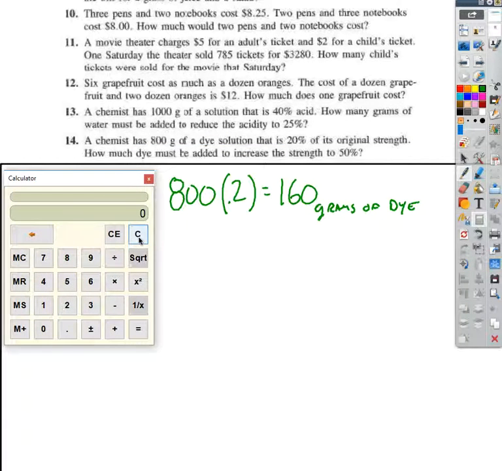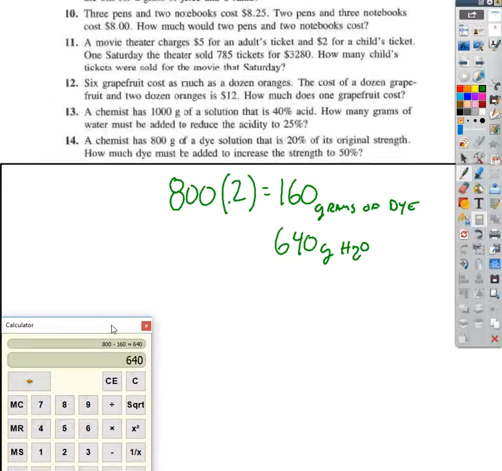So then we have 800 minus my 160 grams of dye, and so that solution is 640 grams of H2O and 160 grams of dye. Okay, so I understand that first sentence. Let's go on to the second sentence.